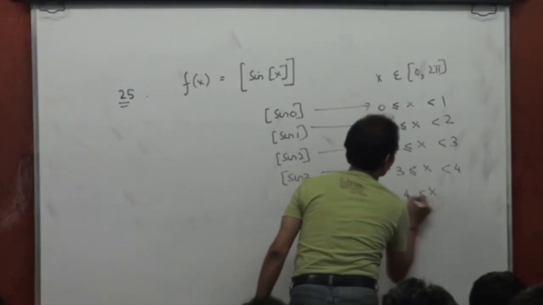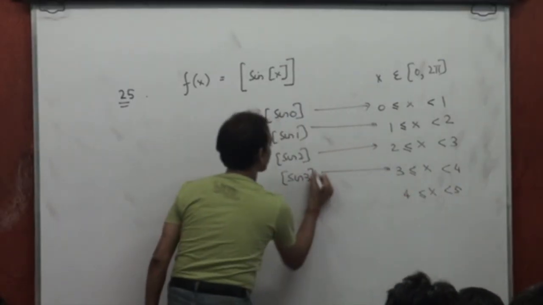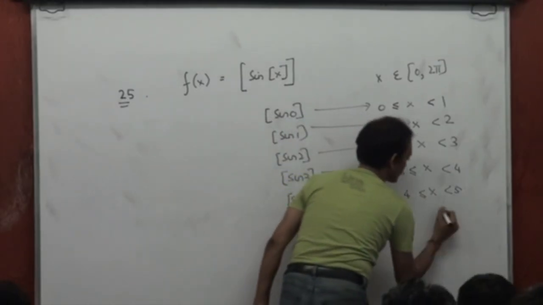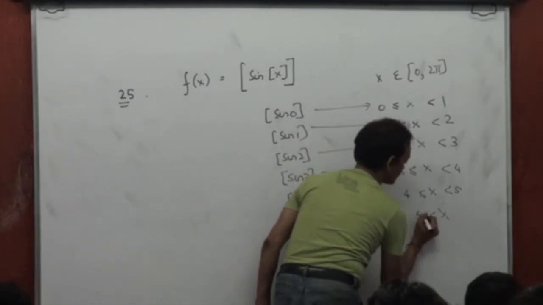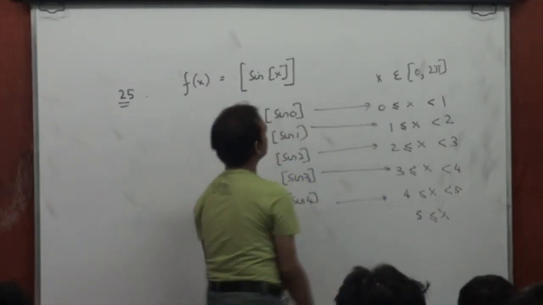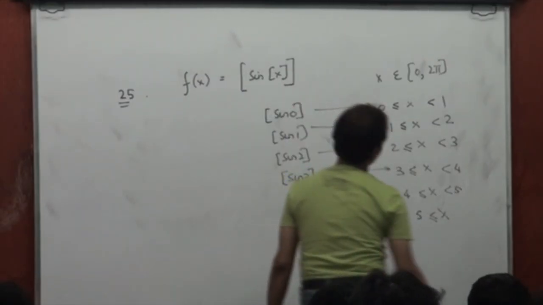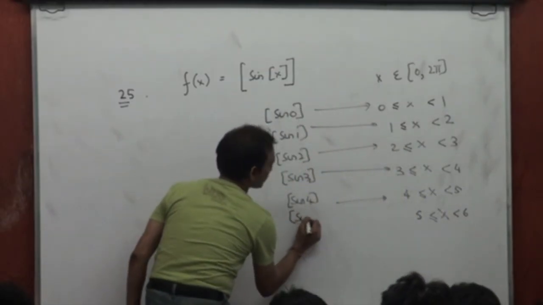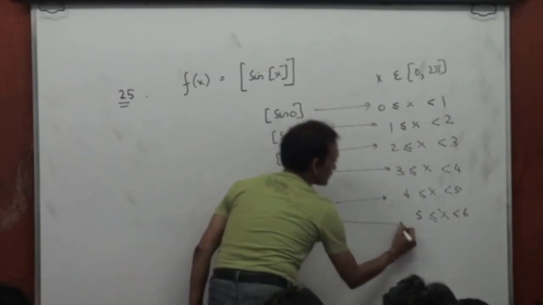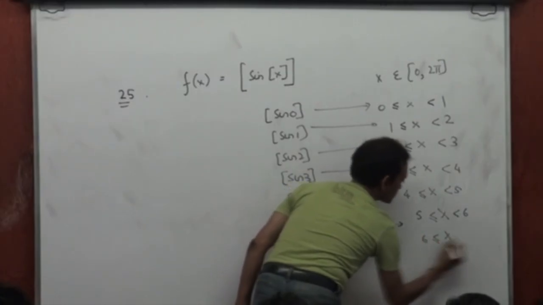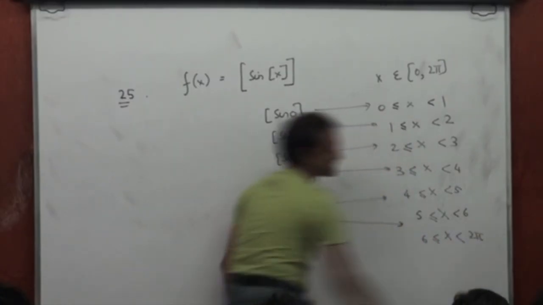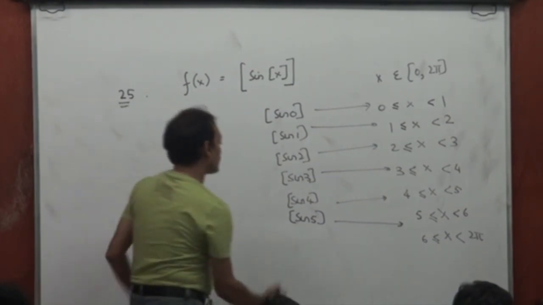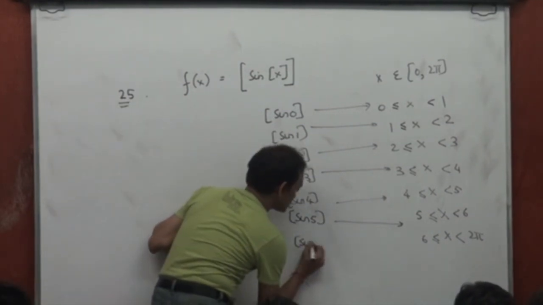X greater than or equal to 4, less than 5, box sign 4. X greater than or equal to 5, 6 can be included, box sign 5. And x greater than or equal to 6 but less than 2 pi, 2 pi is like 6 point something, right? It will be box sign 6.